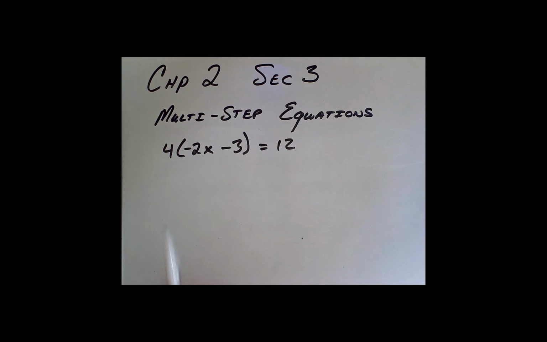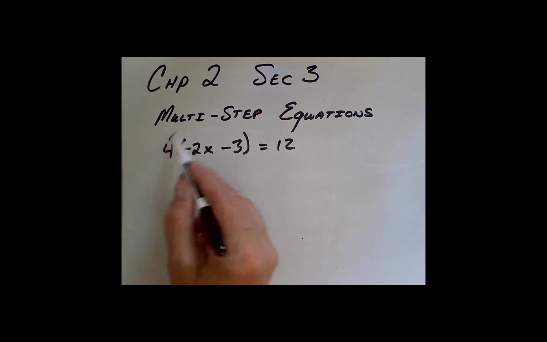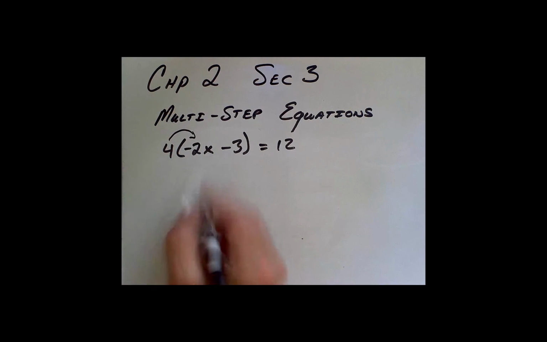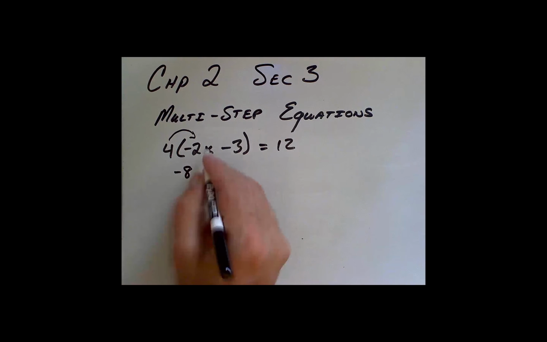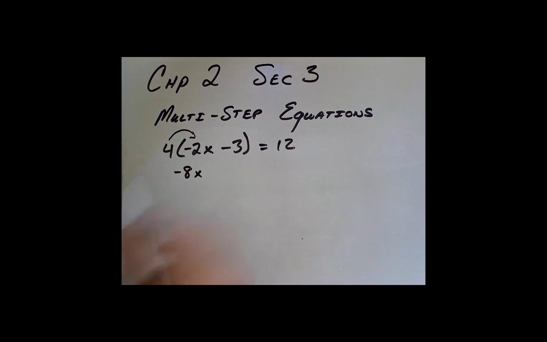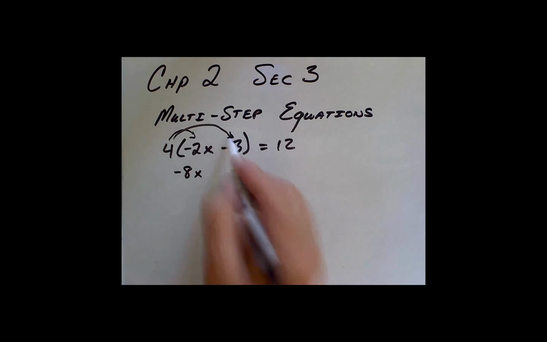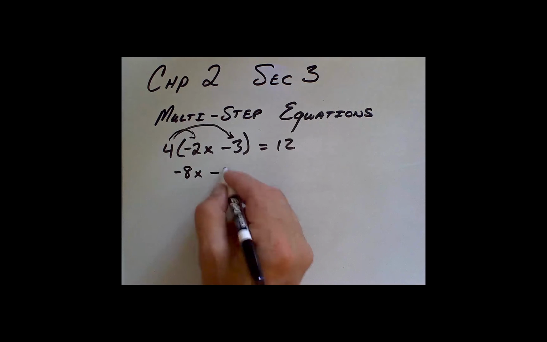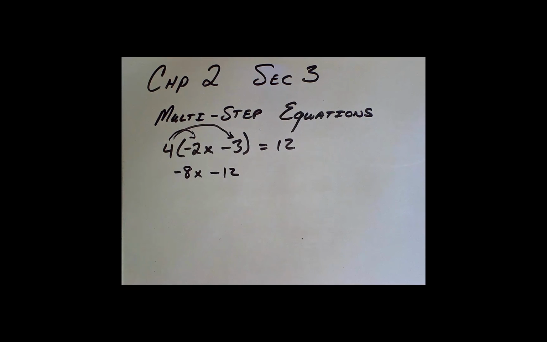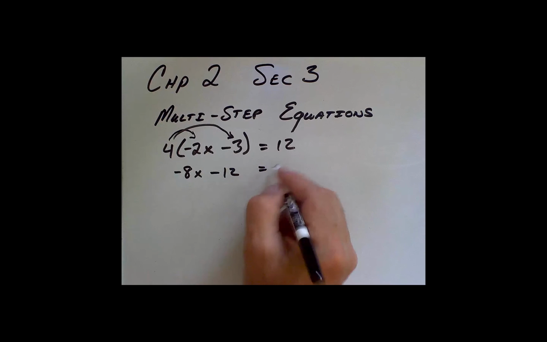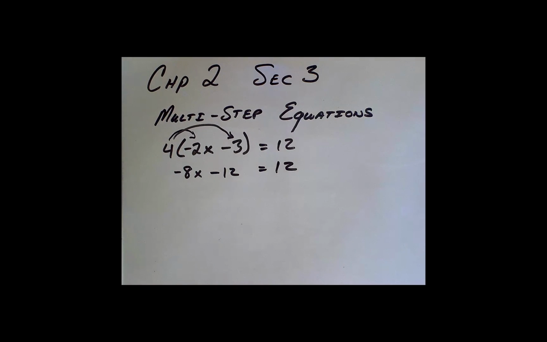Well, first we carry this 4 through the parentheses to break this down easier. 4 times a negative 2 is a negative 8. We keep our x. 4 times a negative 3 is a negative 12. We've now carried our 4 through, so let's carry this 12 over.